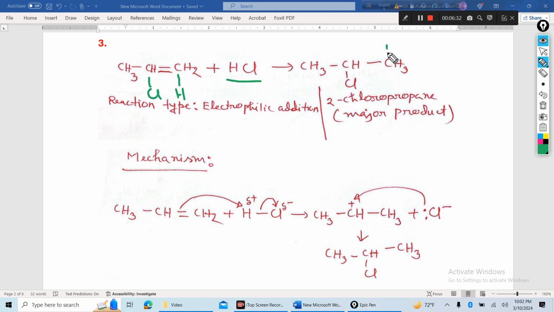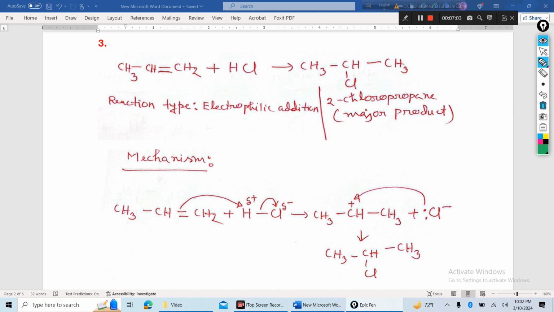So this is 2-chloropropane, and this is the major product. Why? Because in the carbon-carbon double bond, the right carbon contains more hydrogen, so this hydrogen is added to this carbon, it becomes CH3, and chlorine is added to this carbon, so this is the major product. Major product means this product is produced in greater amount.